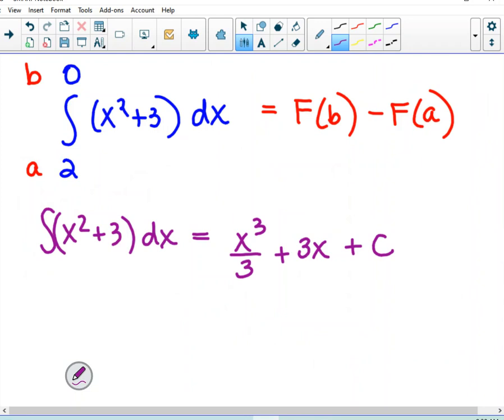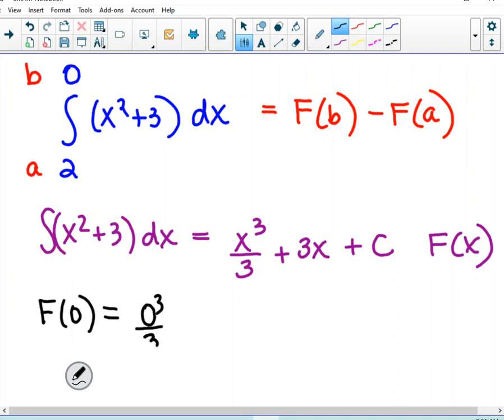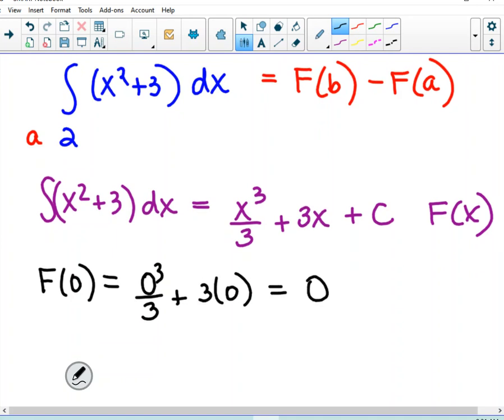So there's big F of x. Okay. And then we'll start with big F of 0 because that's the b value that's on the top. And the nice thing is a lot of the time when you're plugging in zeros, you're just going to get a 0.